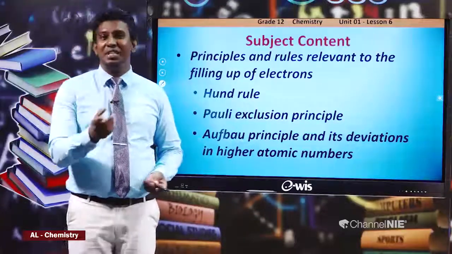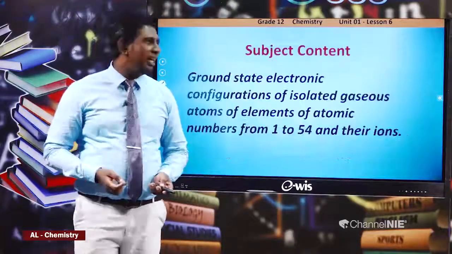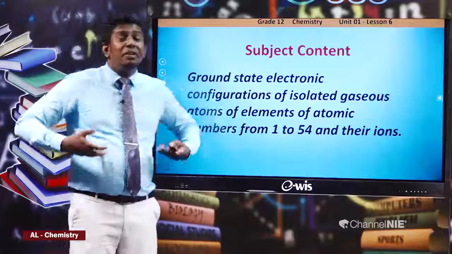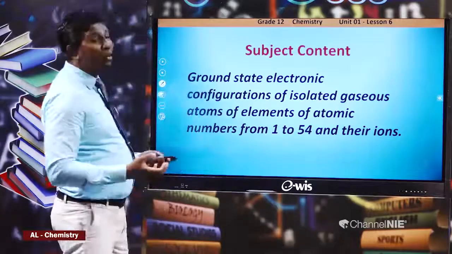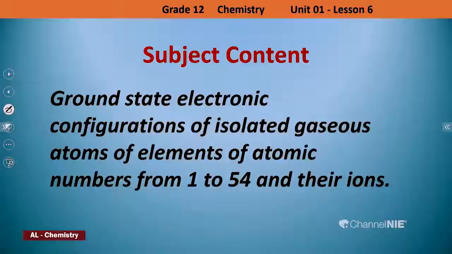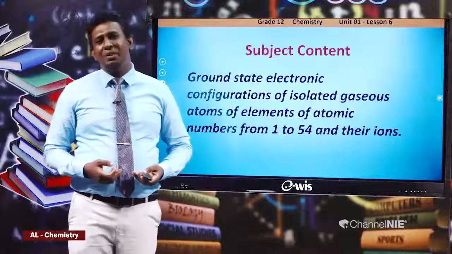We are going to consider them. Then further, as the subject content, we have ground state electronic configurations of isolated gaseous atoms of elements of atomic numbers from 1 to 54, and their ions as well.